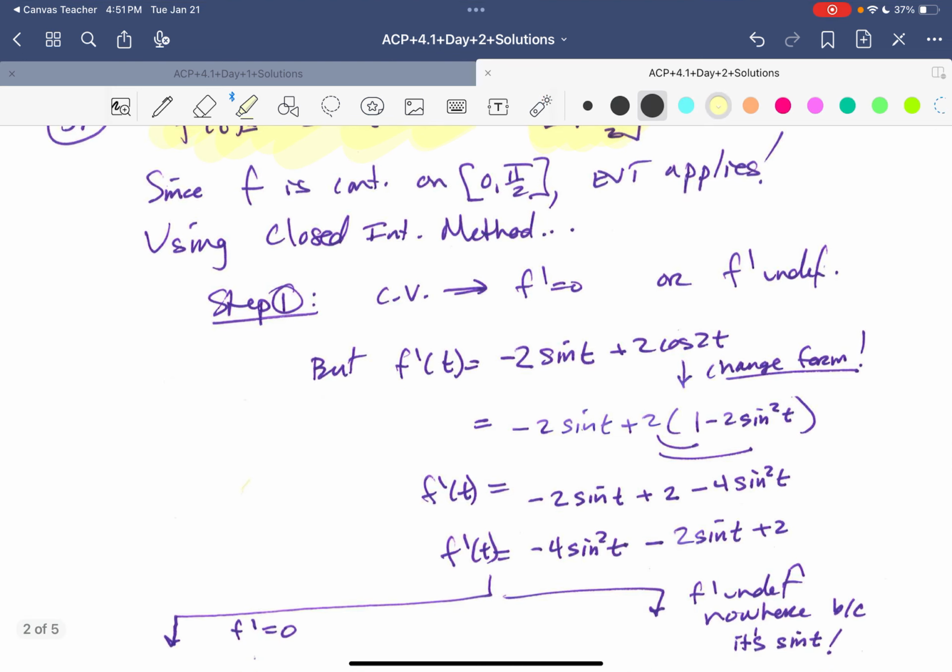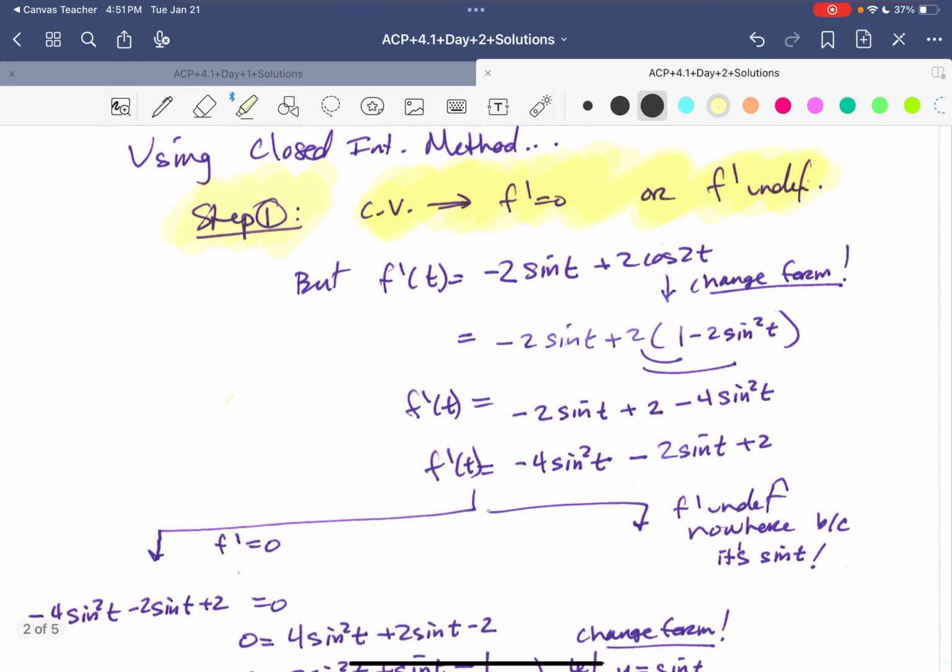So using the closed interval method, step 1 is to find out where the critical values are, where the derivative's equal to 0 or undefined. So I take my derivative, right? And I would get this.